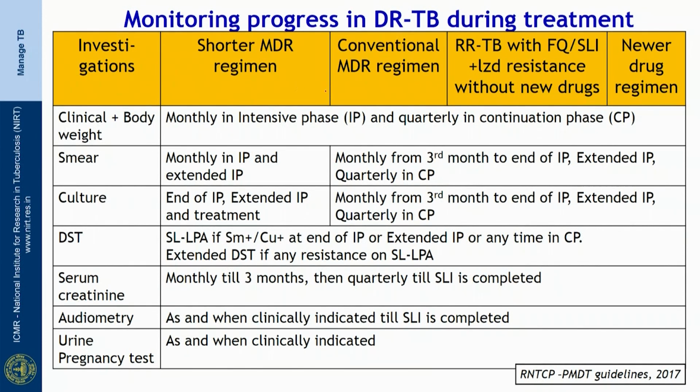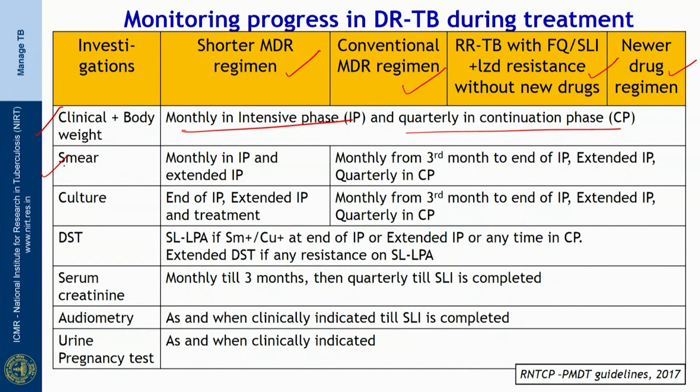This shows the different investigations that need to be done as per the treatment regimen that is received by the patient, which may be either shorter MDR regimen, conventional MDR regimen, a regimen for mixed drug-resistant TB, or a regimen which includes new TB drugs. Clinical evaluation and body weight has to be done monthly in the intensive phase and quarterly in the continuation phase.